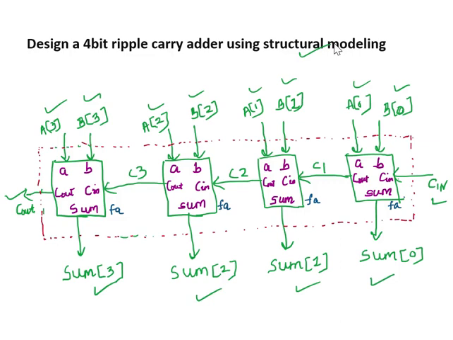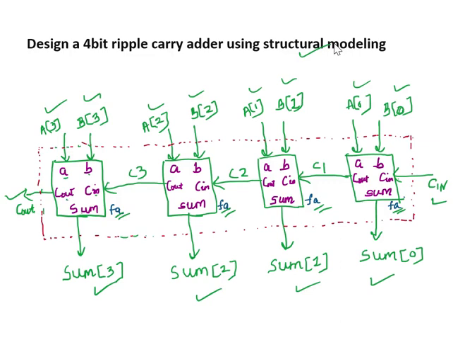And the inside part is, as I have already said, that we are utilizing small modules or building blocks to design a bigger circuit. So what is that small module here? It is a full adder. I am utilizing 4 full adders, each with inputs A, B and C in, and outputs C out and sum.